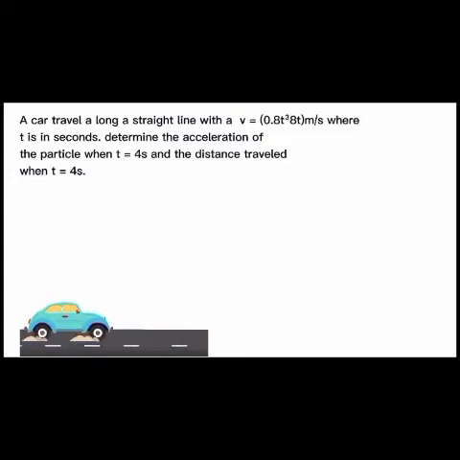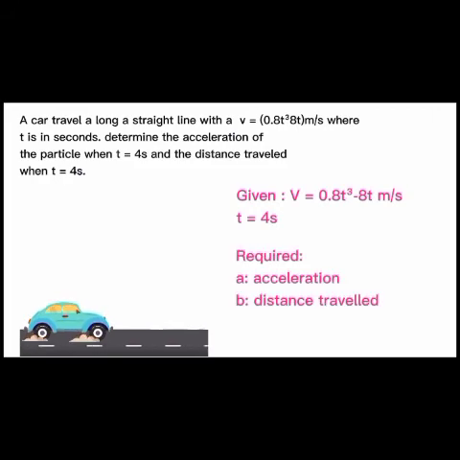So for the illustration of our problem, we have a car that travels along a straight line with a given velocity of 0.8t cubed minus 5t meter per second, and the value of our t is equal to 4 seconds, and the required in this problem is acceleration and distance traveled when t is equal to 4 seconds.